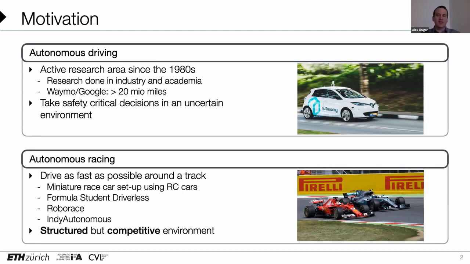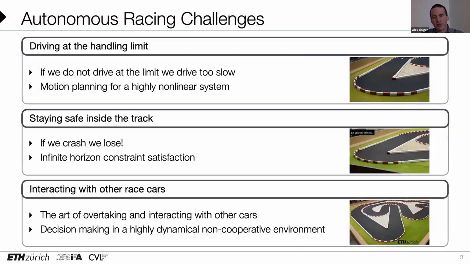To really succeed in autonomous racing, I think you need to solve 3 challenges. The first one is you need to drive as fast as possible. If you're driving too slow, you will not win because someone will be faster. From a technical perspective, this translates to motion planning for highly nonlinear systems.